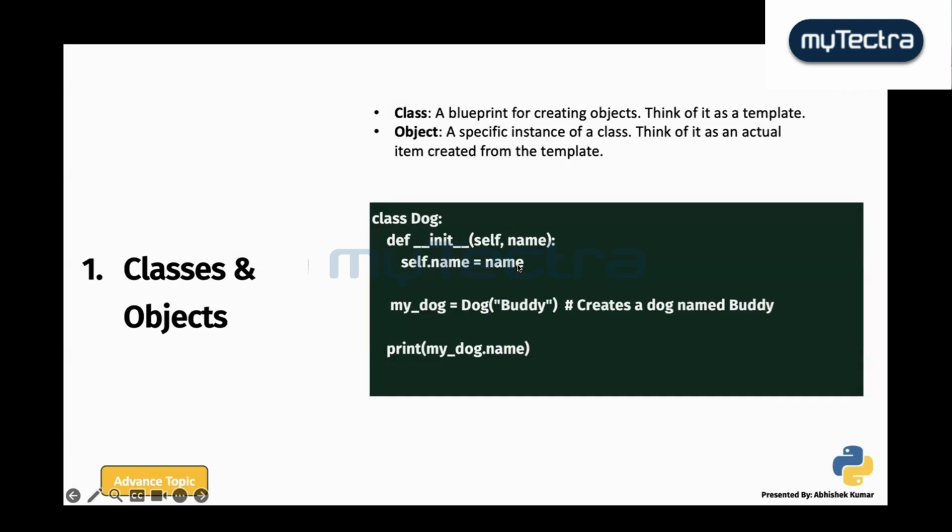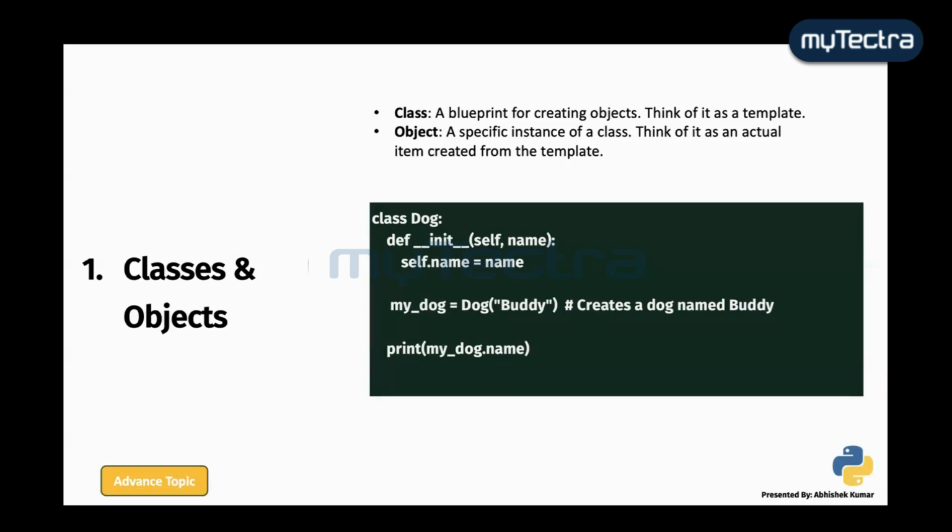When I printed my dog dot name, my dog object contains the name which I assigned, which is Buddy. This is the class and object approach, a sample thing.